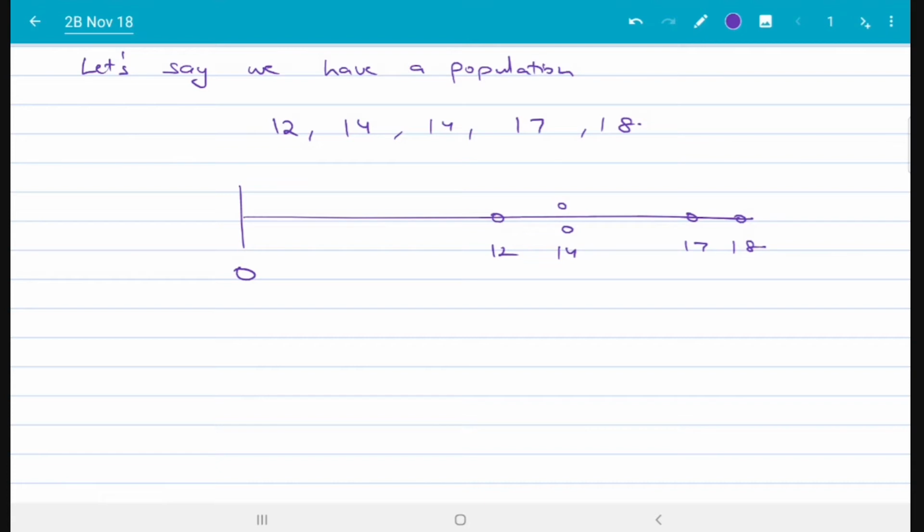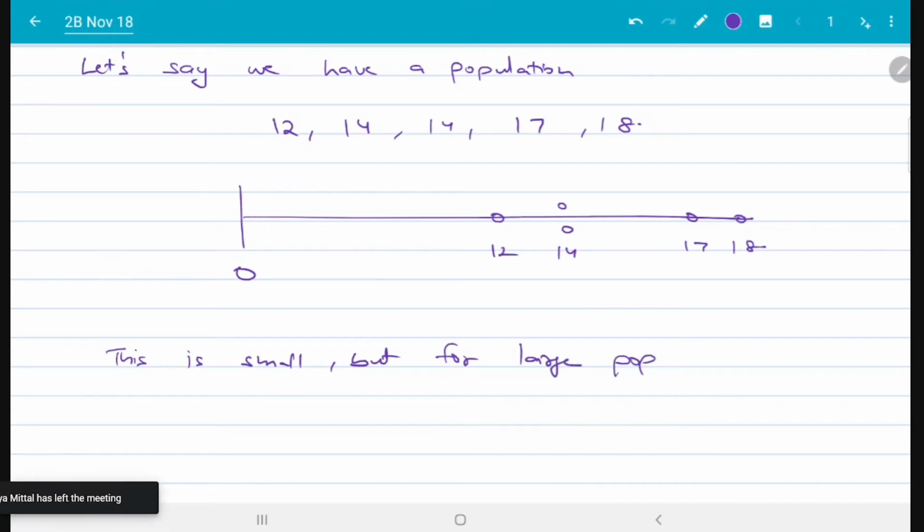Then you need summary measures for obtaining information about the population. This is small, but for large populations, we need summary measures.